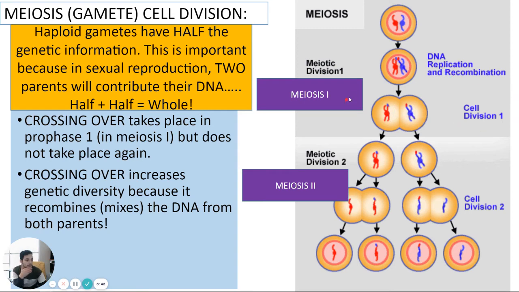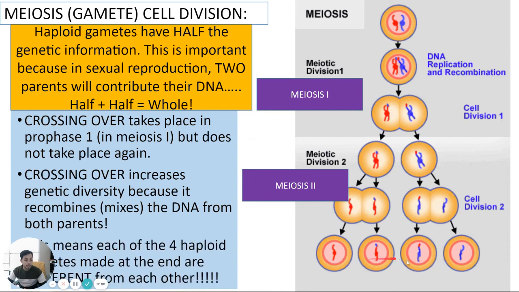So it happens right here, because you see that the red and the blue switch, and it keeps going, and we end up with 4 gametes that are completely different. This is why you and your brothers and sisters look completely different. Okay, so make sure that you know crossing over happens in prophase 1, and it's to increase genetic diversity. So diversity just means differences.